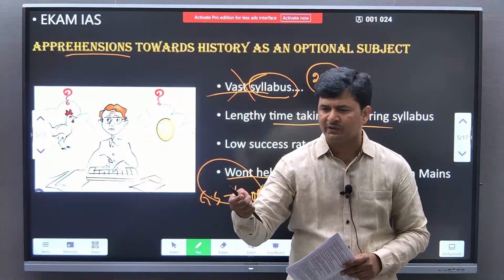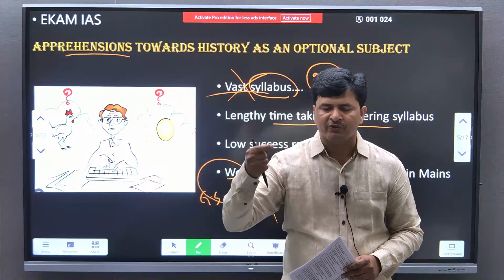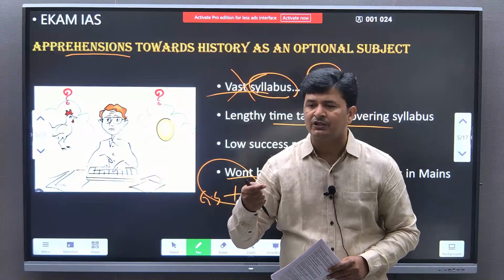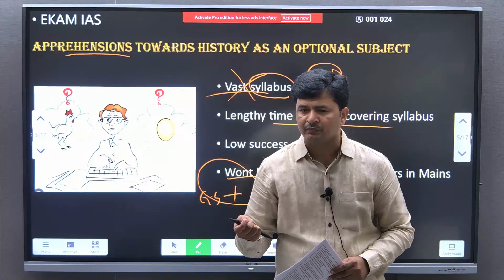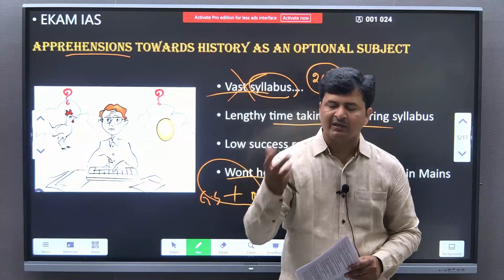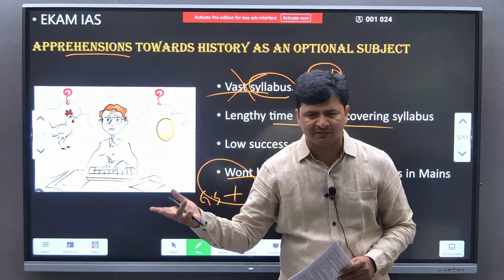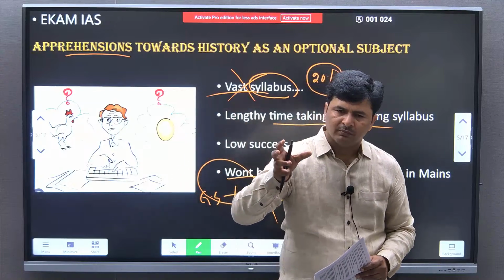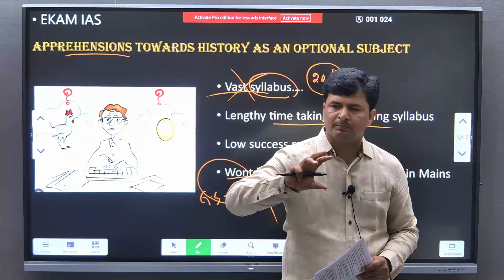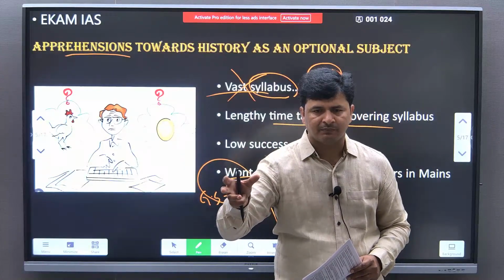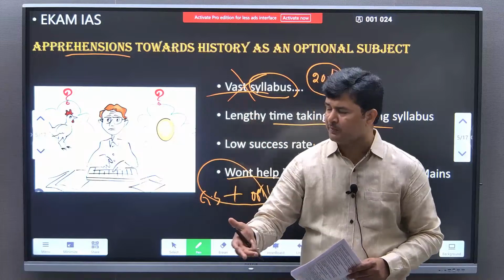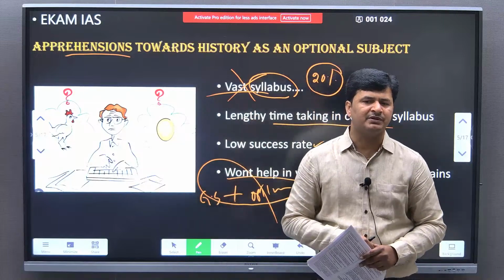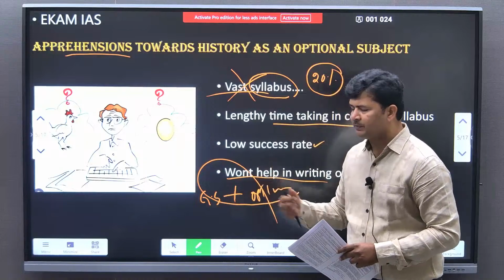In GS1 we have Indian history followed by Indian geography, 250 marks. Indian history, plus history, geography and society, right? So Indian history plus world history, including art and culture. I'm talking about GS. Now the same topics which we find in the optional subject, definitely it is going to help you.